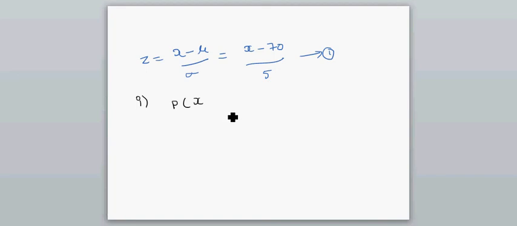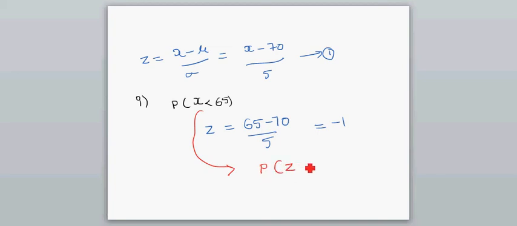Using this equation, Z is equal to 65 minus 70 divided by 5, which simplifies to minus 1. So saying X less than 65 is the same as saying the probability that Z is less than minus 1.